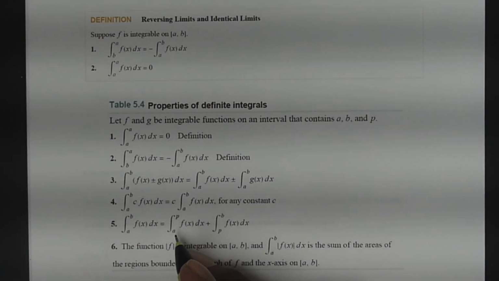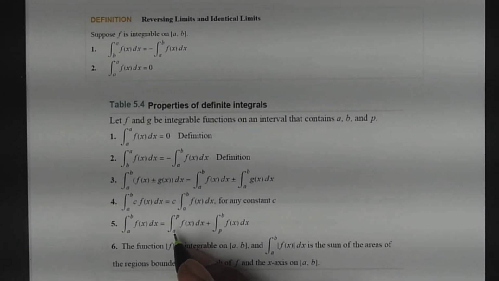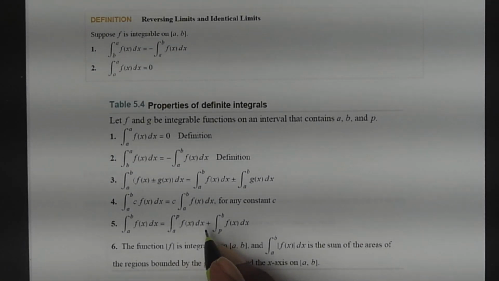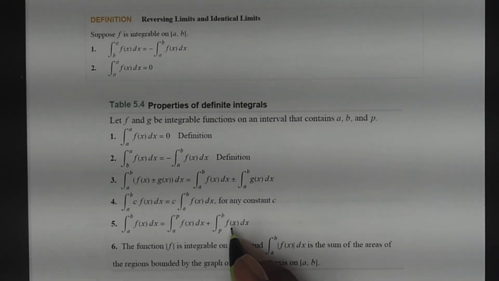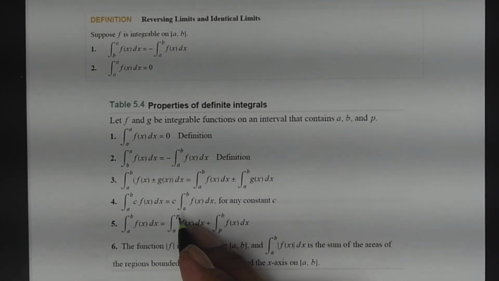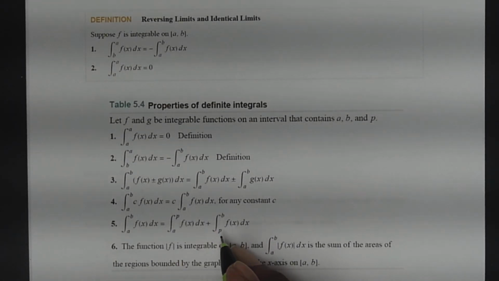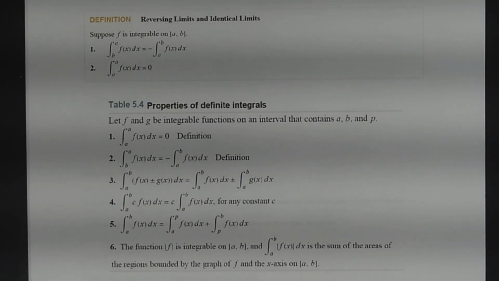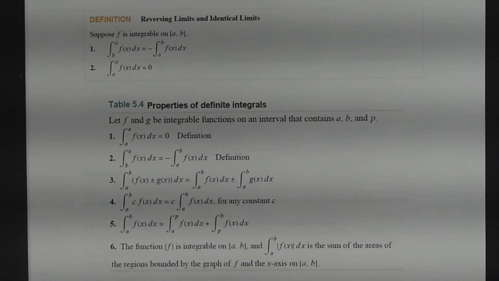That's going to be this. Let's say p is involved. The integral from a to p of f of x dx plus the integral from p to b of f of x dx. The upper limit of the first has to be the same as the lower limit of the second for you to use that property.